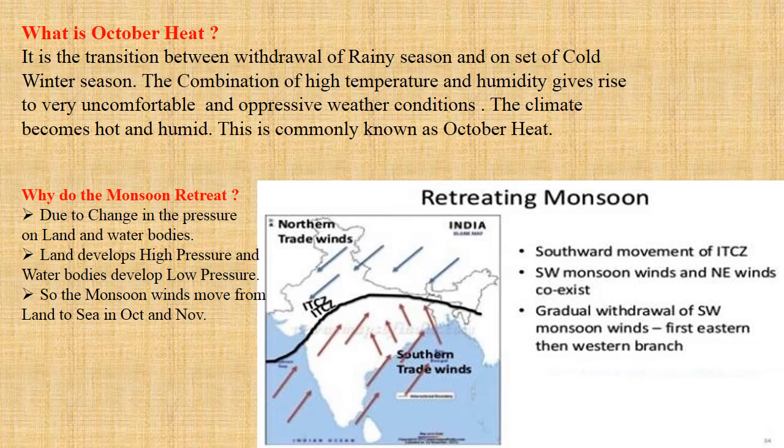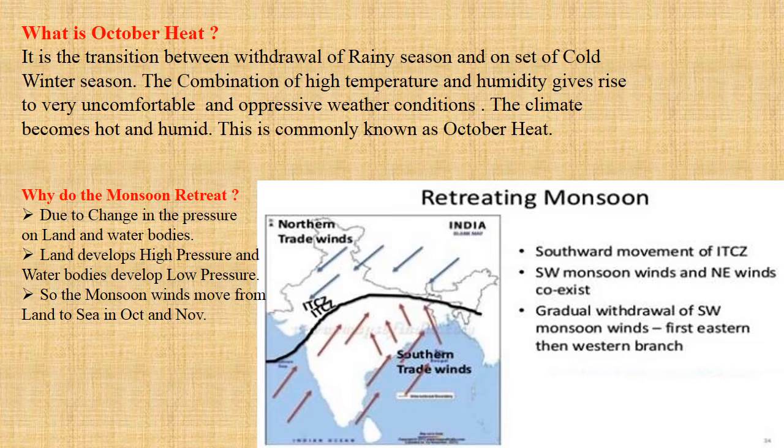So the land starts cooling and the water body also starts cooling, but the rate of cooling of land is faster. So high pressure will develop on land and low pressure on the water body. Due to this change of pressure belts on landmass and water, the monsoon winds withdraw from our country. That means they step back from our country.